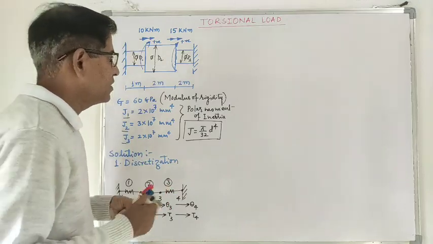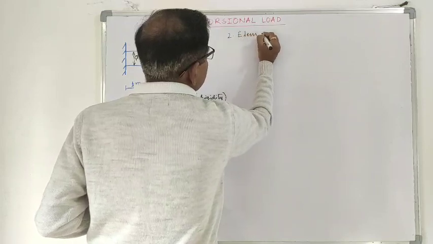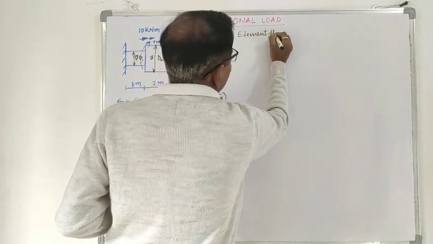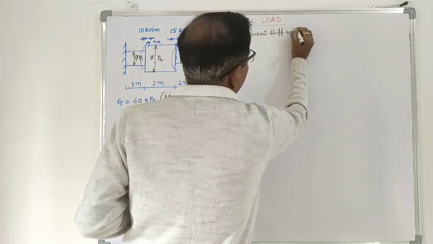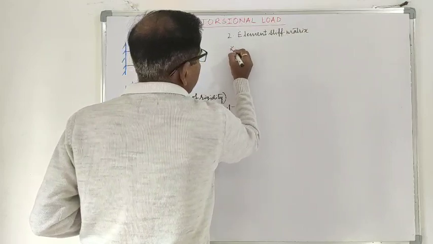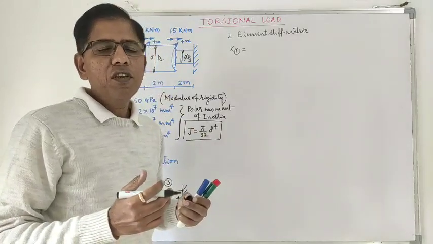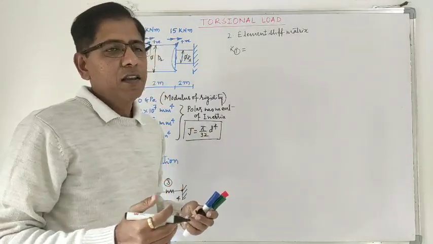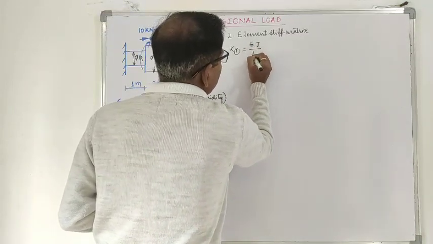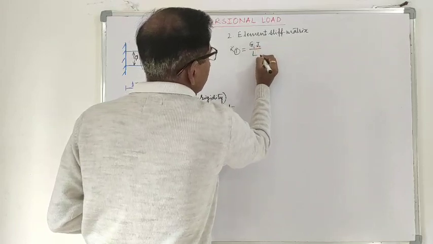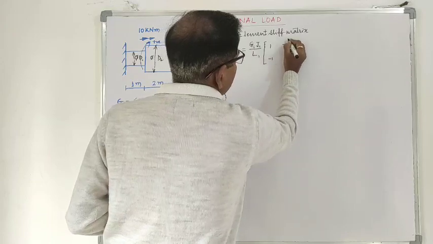The second step is the element stiffness matrix. So we find the element stiffness matrix. Element stiffness matrix K1 is, in point load we used AE by L, but here it is G into J by L: G1 J1 by L1 times the matrix 1 minus 1, minus 1 1.